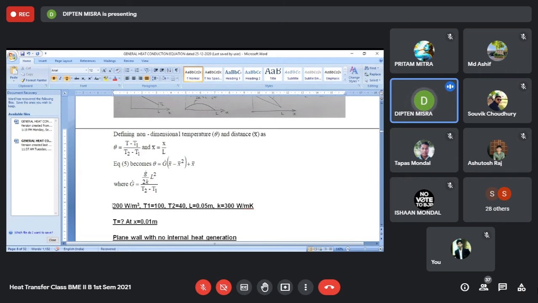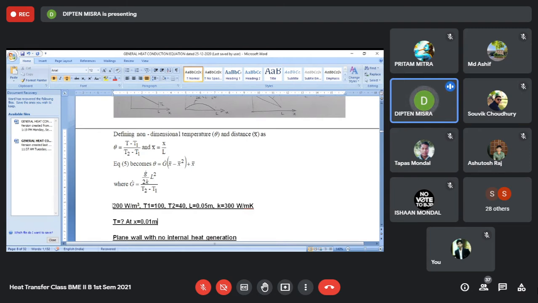I could either use that formula where I can straight away put the values of small g dot, T1, T2, L, the thickness, and the conductivity, and I can find out for this x equal to 0.01 what is the temperature. But in industry, they prefer to use sometimes graphs, and you have a graph like that with theta as a function of x bar, with capital G dot as different parameter.